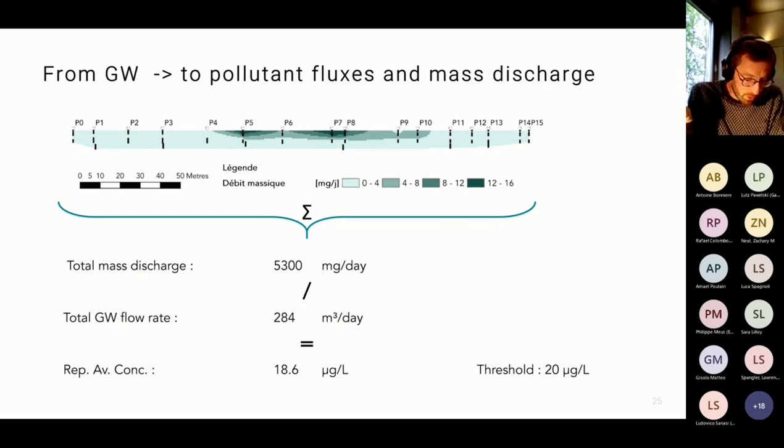And this concentration is actually the average concentration that integrates the whole metal discharge through this control plane. In this case, the average concentration was lower than the threshold value that is expressed in concentration, of course. And it was lower for 5 out of the 8 potentially problematic metals. So for these metals, there was no risk of dispersion by the groundwater.